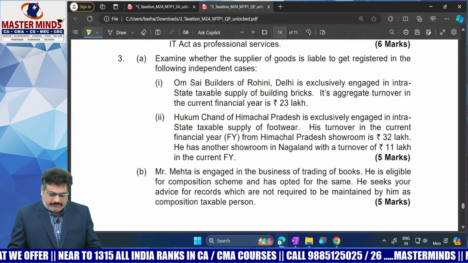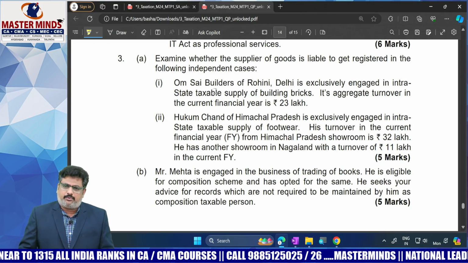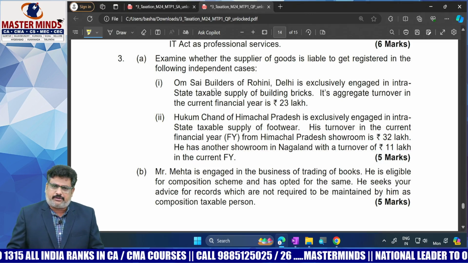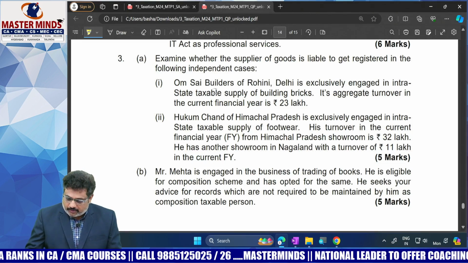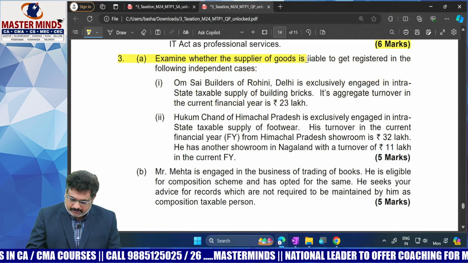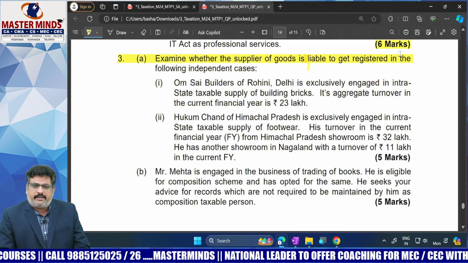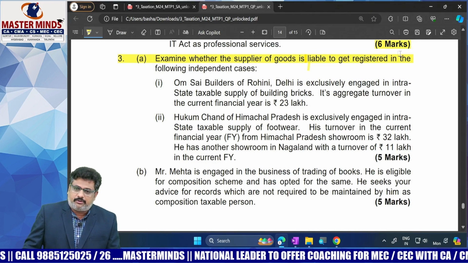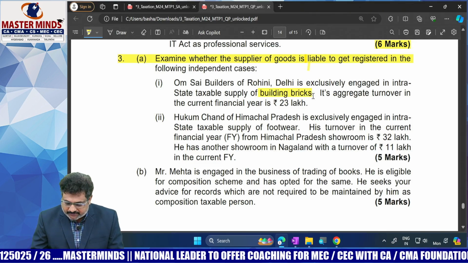And third question here. Examine whether the supplier of the goods is liable to get registered in the following independent cases. That means whether registration is required or not is the question. Om Sai Builders of Rohini, Delhi is exclusively engaged in the intrastate supply of taxable building bricks.